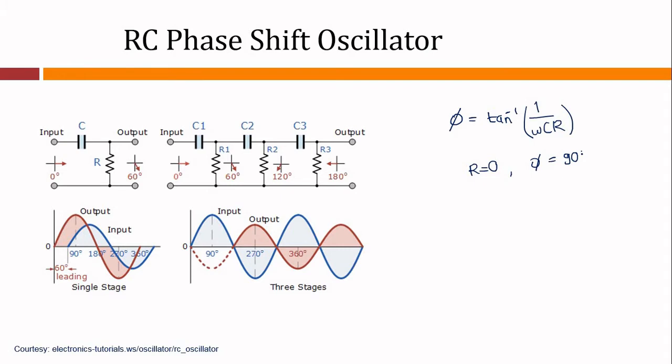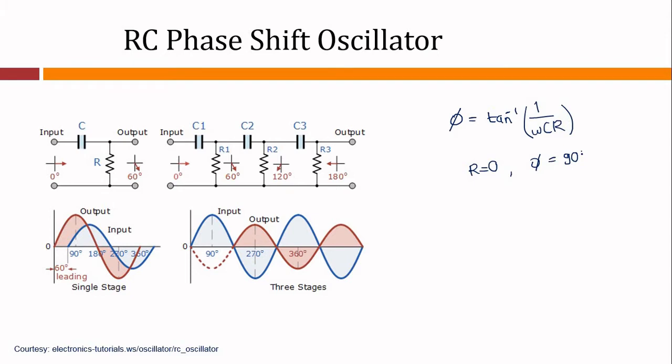By making R equal to 0, actually what we are doing is shorting that signal to ground. So it is impracticable, because if R is 0, then the whole voltage across it becomes 0. Therefore in practice the value of R is adjusted such that phi becomes 60 degrees.